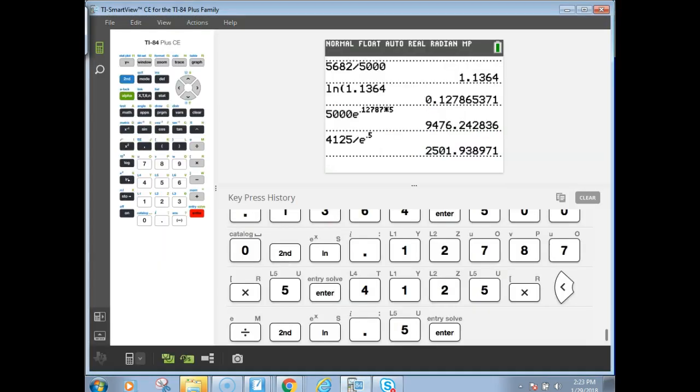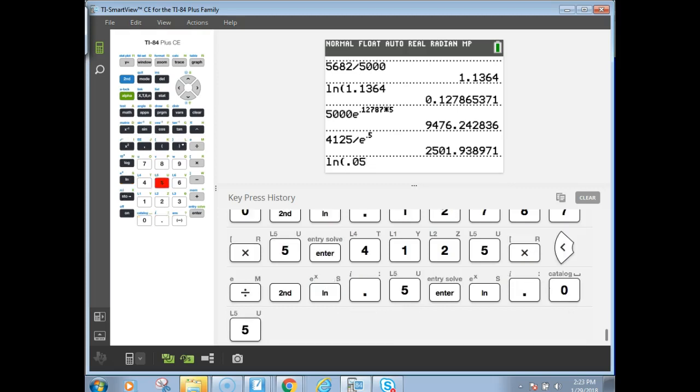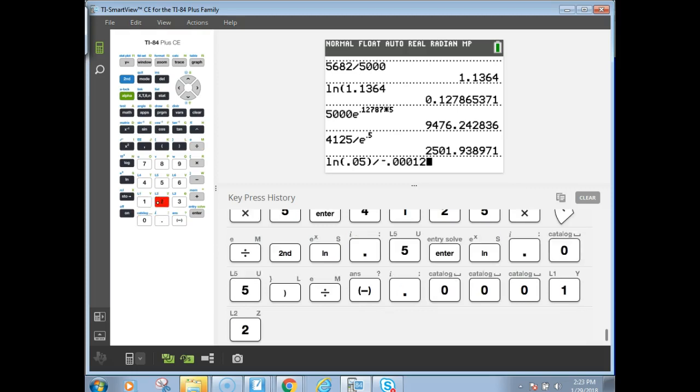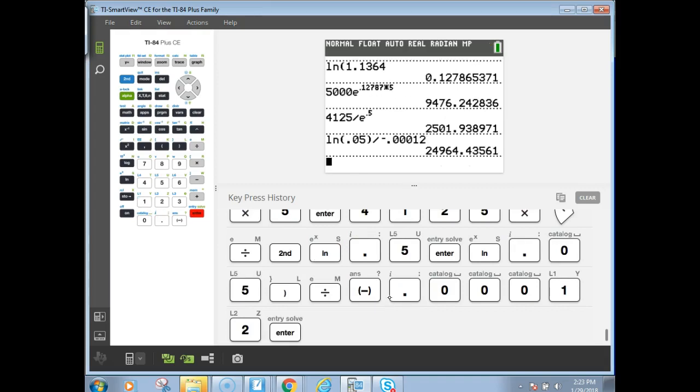All right, natural log of 0.05 divided by negative 0.00012. That comes out to about 24,964.4 years old.